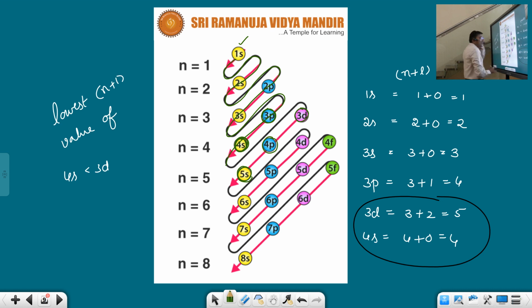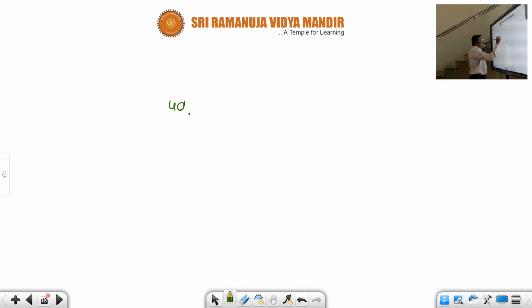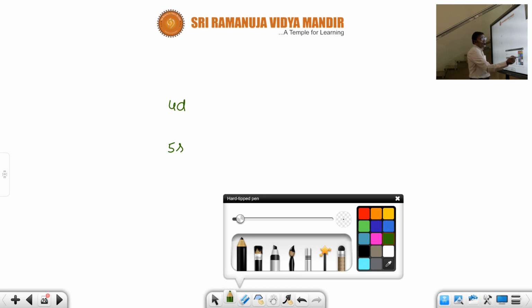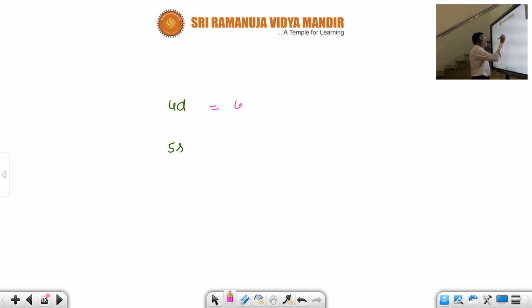Between 4d and 5s, which is having the lowest n plus L value? 4 plus 2 is 6, here 5 plus 0 is 5. So 5s will be filled.